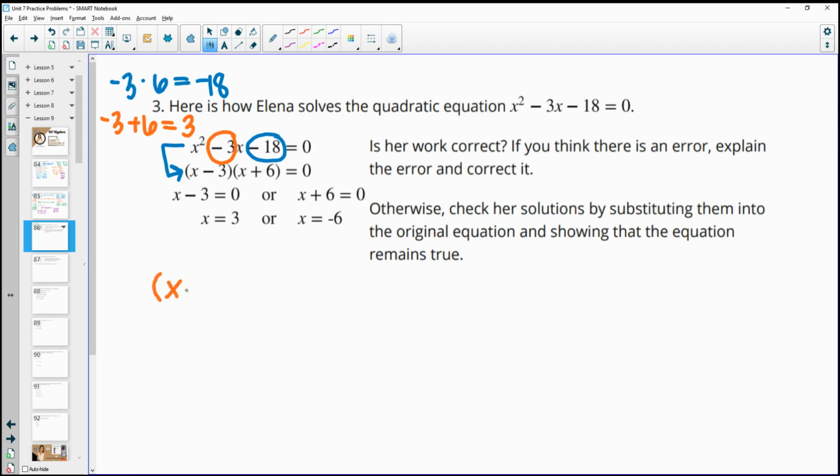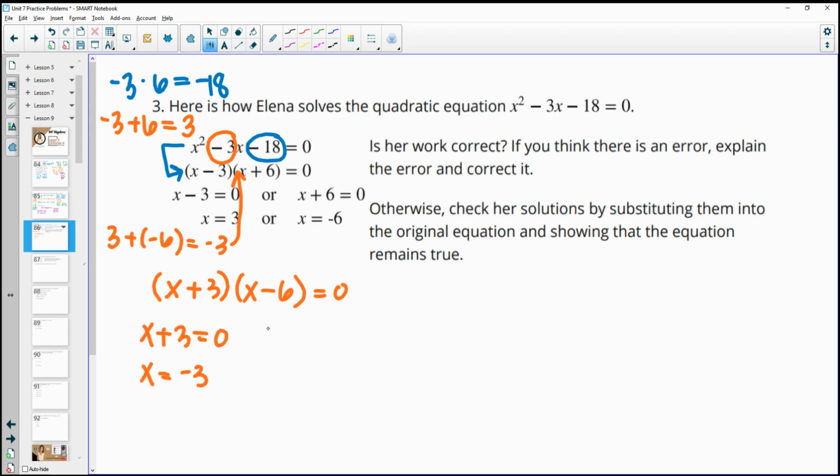So she really needed it to be x plus 3 times x minus 6, because 3 plus negative 6 would give that negative 3 middle term that we wanted, which then gives us x plus 3 equals 0, so x equals negative 3. And then x minus 6 equals 0, so x would be positive 6 to solve that equation. So she was just off by the opposite, so she did her signs wrong there.